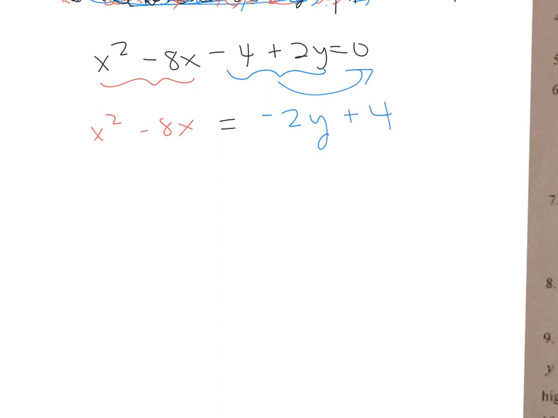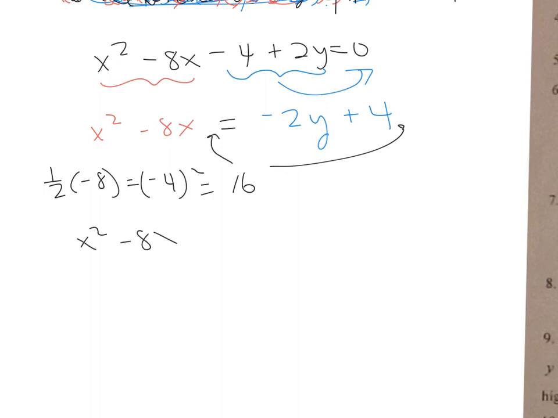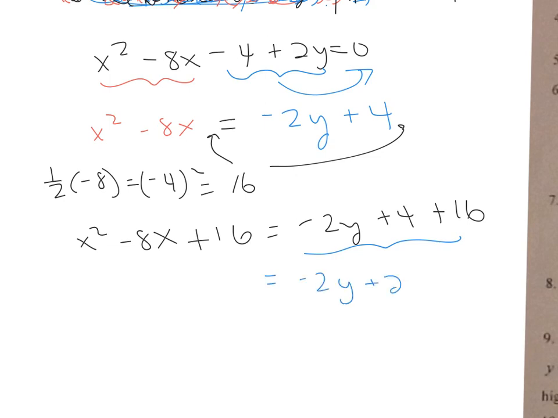Now I want to complete the square for the x's, so I do half of negative 8 is negative 4. Squared is 16. I'm going to add it over to this side. X squared minus 8x plus 16 is equal to negative 2y plus 4 plus 16. Just clean up this side here. We have negative 2y plus 20.